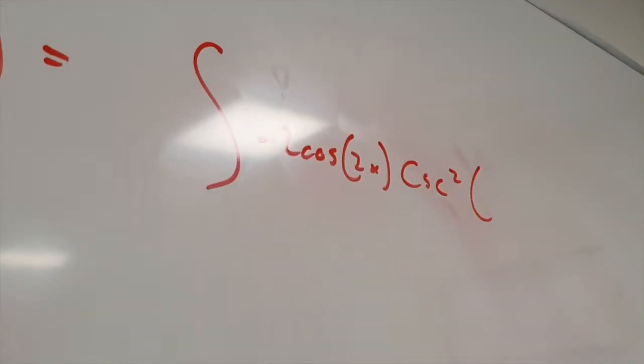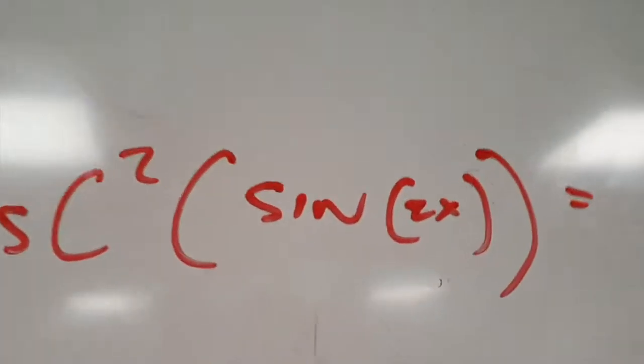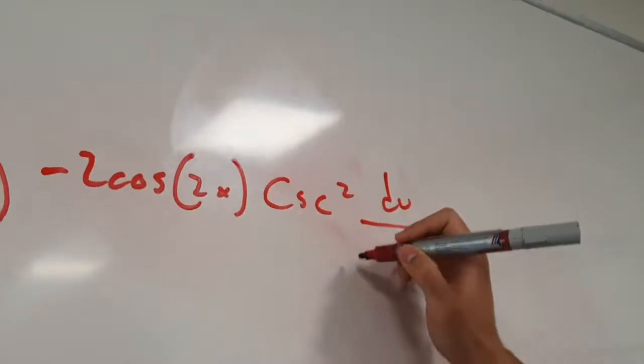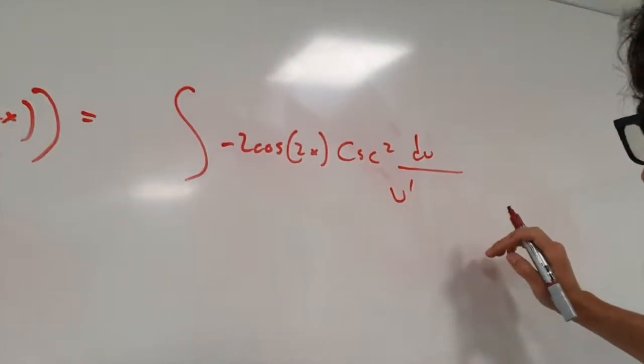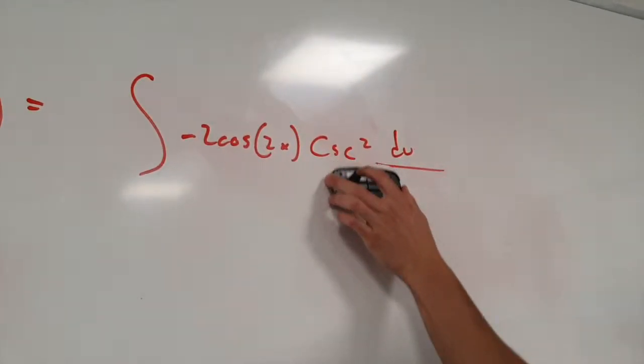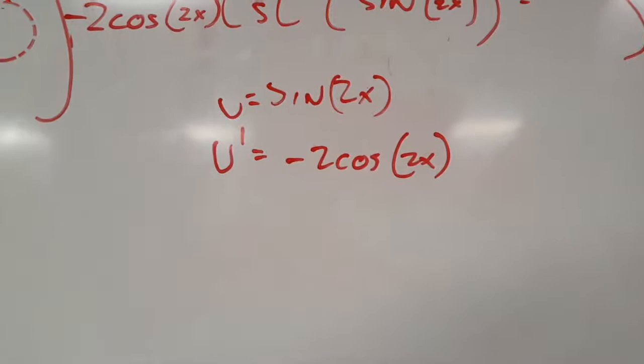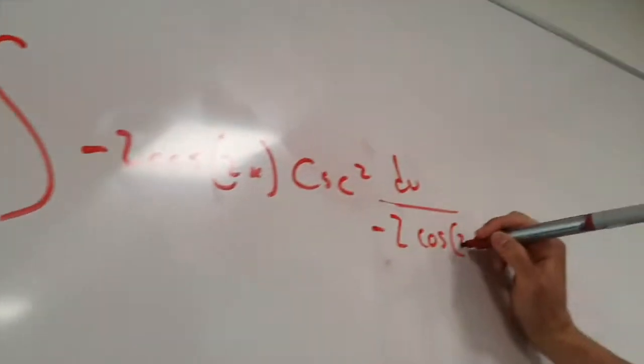But this time, instead of writing our u, we write our du over our u prime. So our u prime is negative 2 cos 2x.